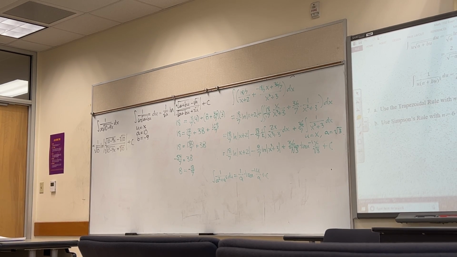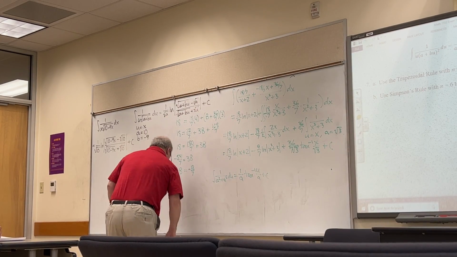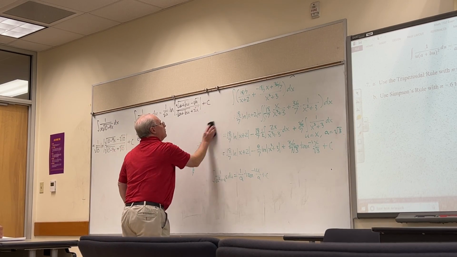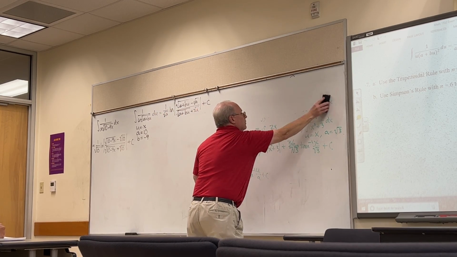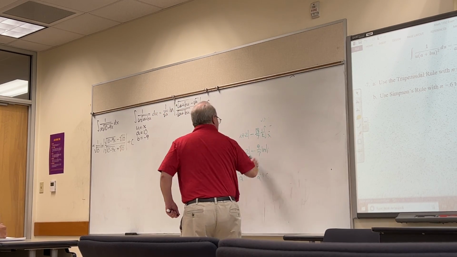So yeah, number 7, part A, you're using the trapezoidal rule to approximate an integral, and in part B, using Simpson's rule. So yeah, we can do that.